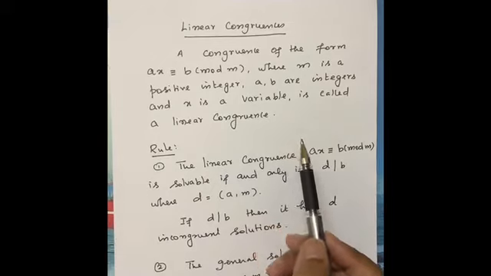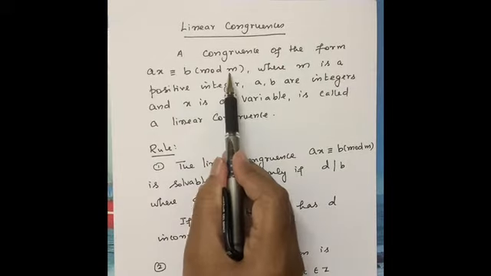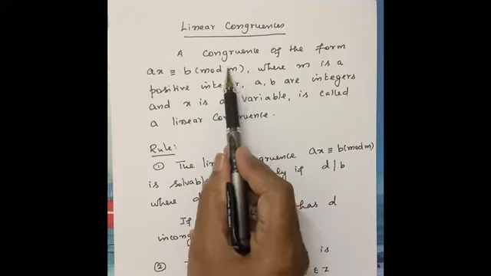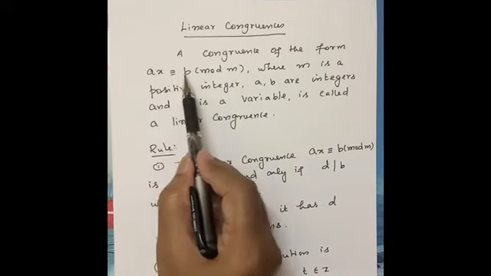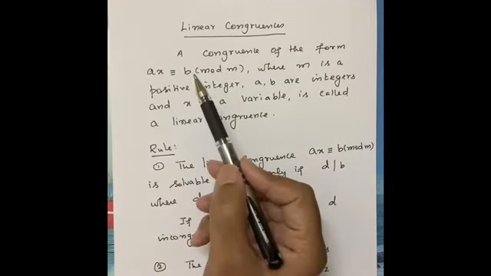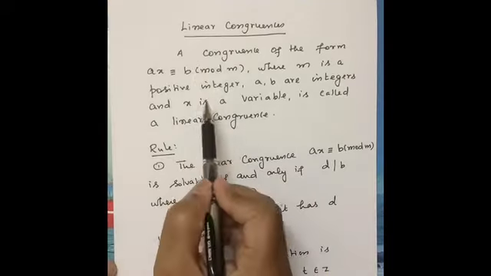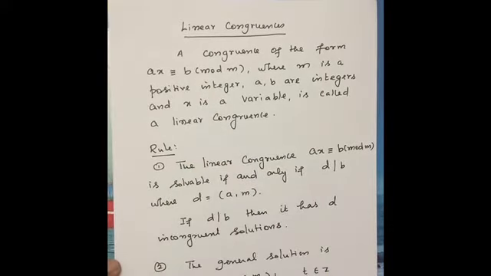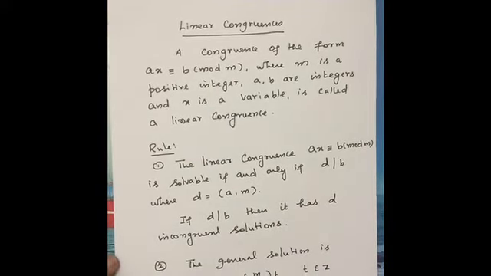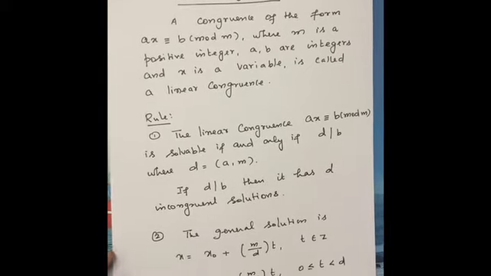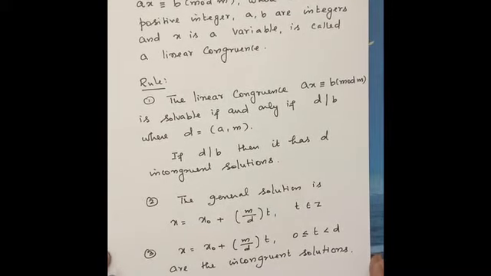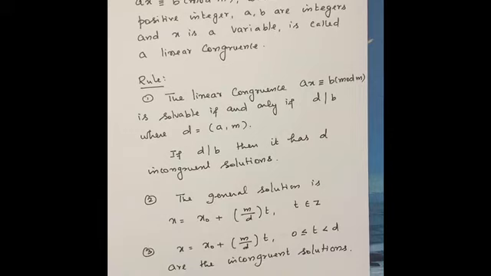So a linear congruence contains three integers, and M should be a positive integer. Your aim is to find the value of X which satisfies this congruence.